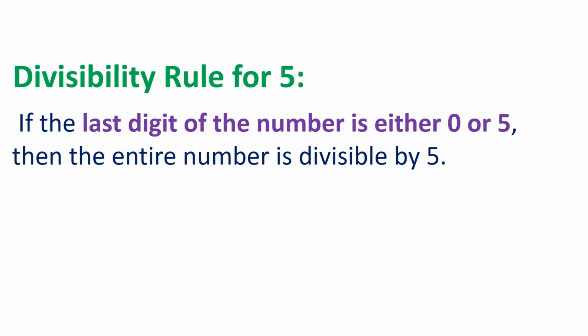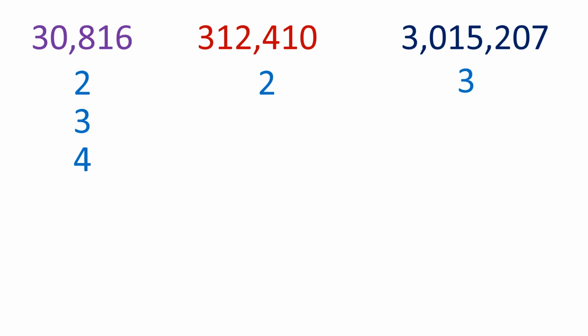Next is we want to know if those numbers are divisible by 5. So the divisibility rule for 5 is if the last digit of the number is either 0 or 5, then the entire number is divisible by 5. So let's apply it to our given numbers.